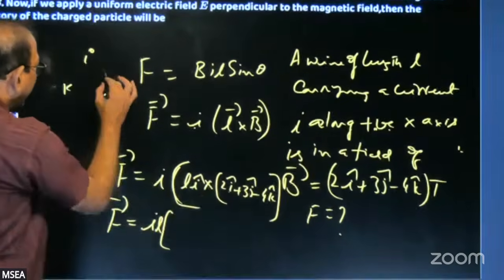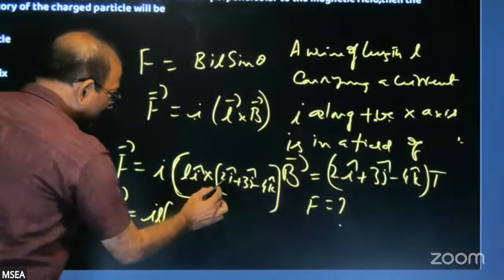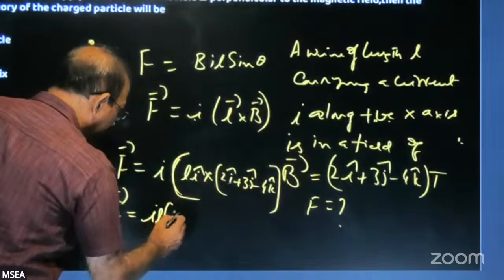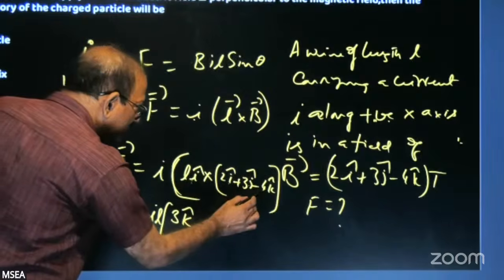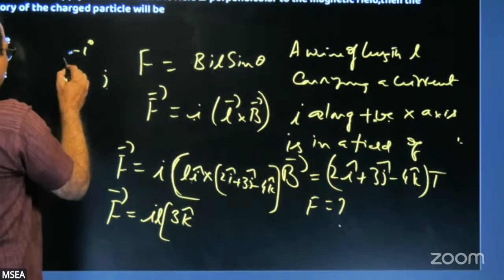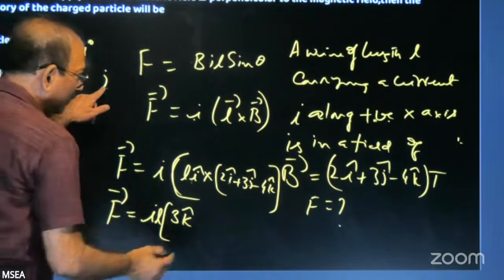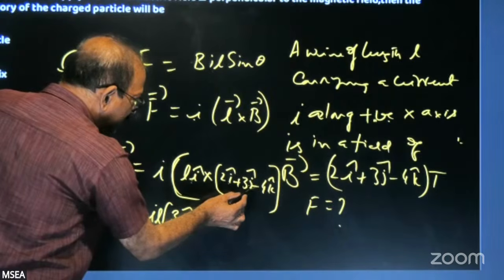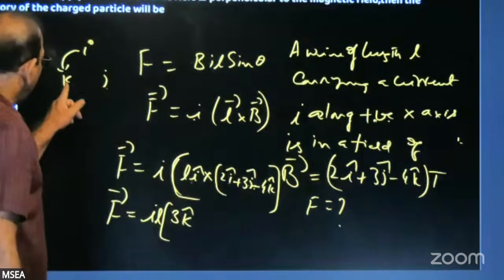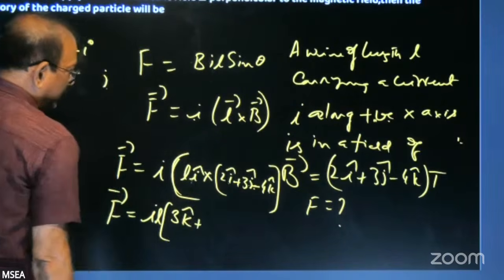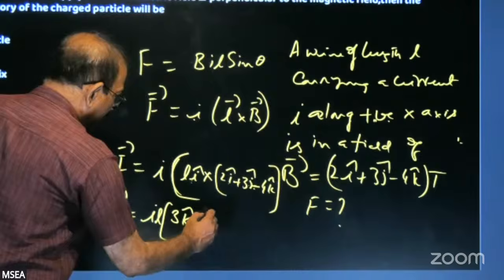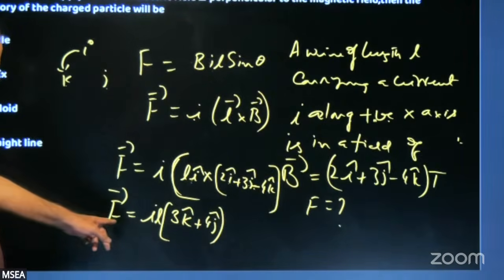I cross j is k, so 3k you'll get. Then i cross k is minus j, and here already one minus is there. Another minus coming means plus, so 4j you'll get. This is the force.